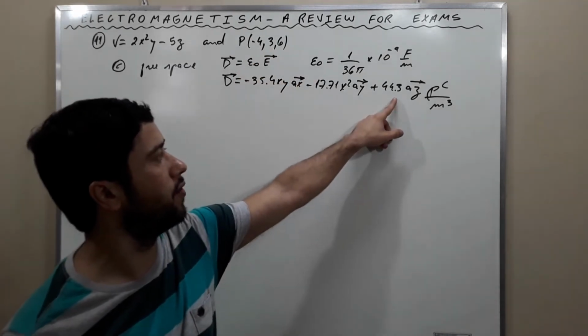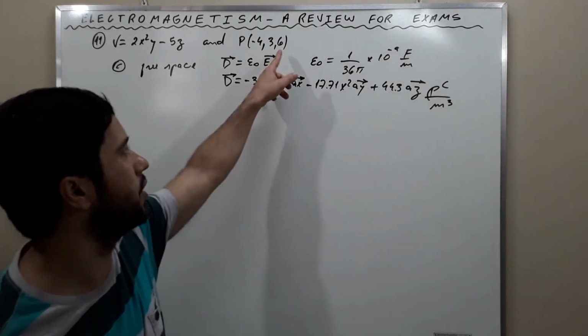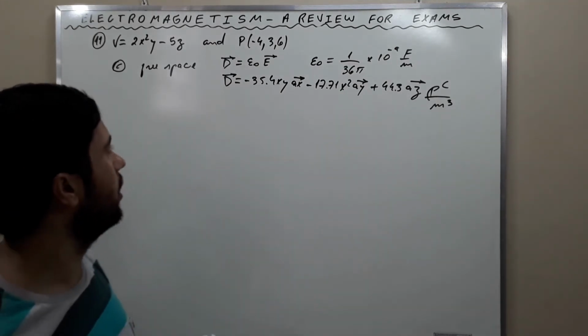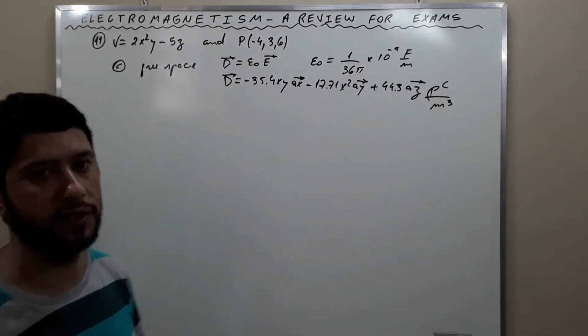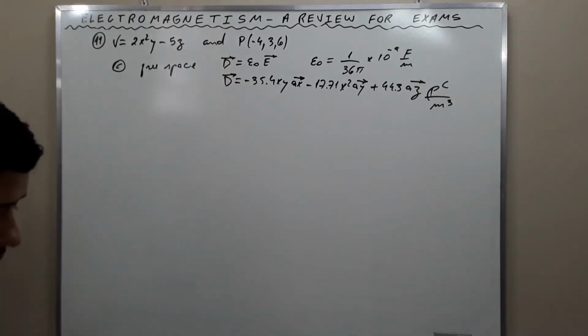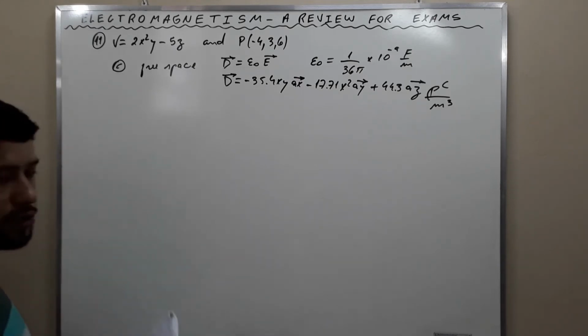And we don't have an option to put this 6 for z, so you leave it the way it is. And you're going to find the electric flux density at the point P. And now, letter D wants us to calculate the volume charge density. And to do this, we are going to use the divergence.